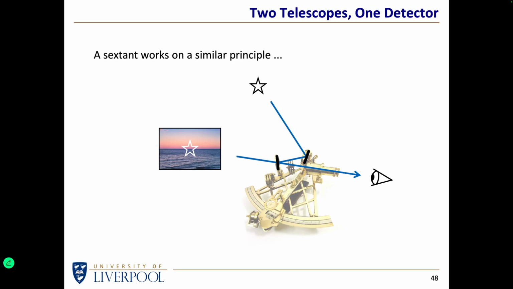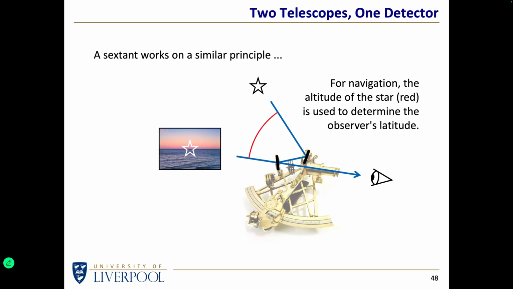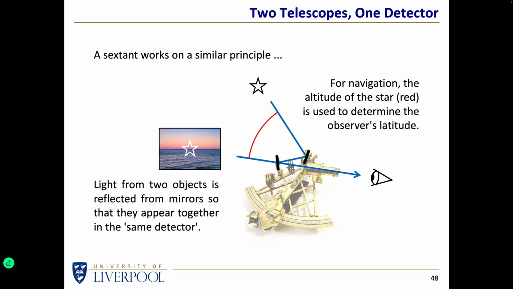Now, in the case of the sextant and navigation, it's the angle of the star above the horizon that matters. That angle gives you your latitude via a calculation which we're not going to worry about. But the point is that in this context, the light from two objects is reflected from mirrors so that they appear together on the same detector, in this case, the retina of your eye.